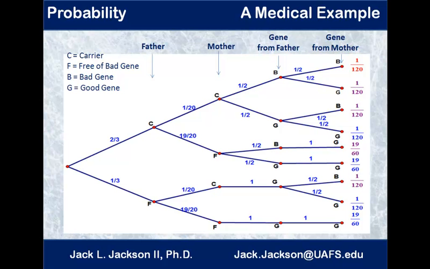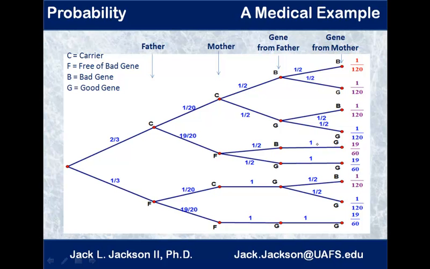So these are conditional probabilities, and we can multiply all of these out to get probabilities. So if we take the top path, that's 2/3 times 1/20th times 1/2 times 1/2, which reduces to 1/60th. Similarly for the next one: 2/3 times 1/20th times 1/2 times the 1/2 here is also 1/60th. Similarly for the next two.